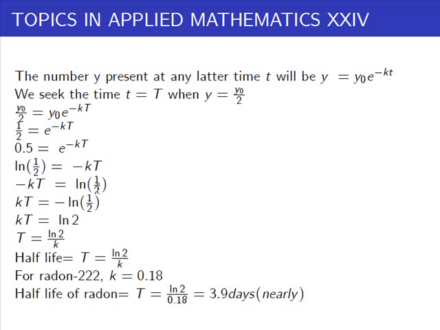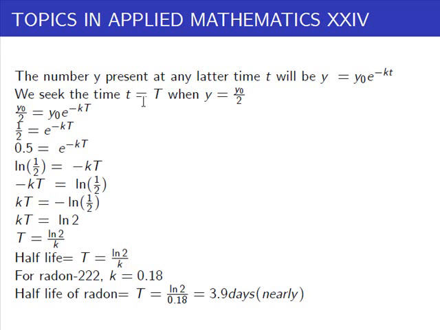Interchange the left and right hand sides and remove the negative sign, that is kT is equal to minus logarithm of 1 by 2. This negative sign becomes the power, so the logarithm is reversed, and we get log 2.